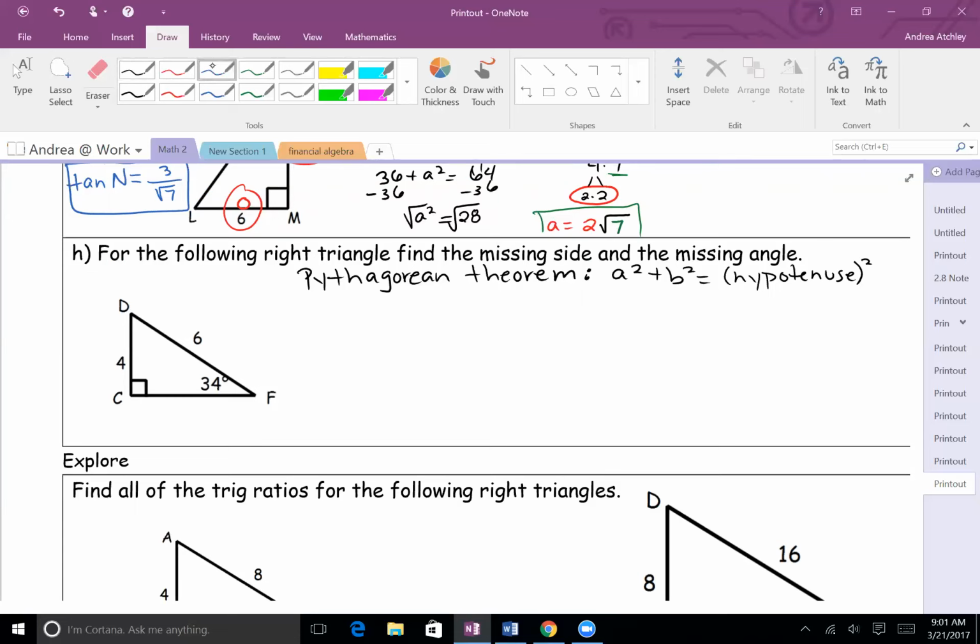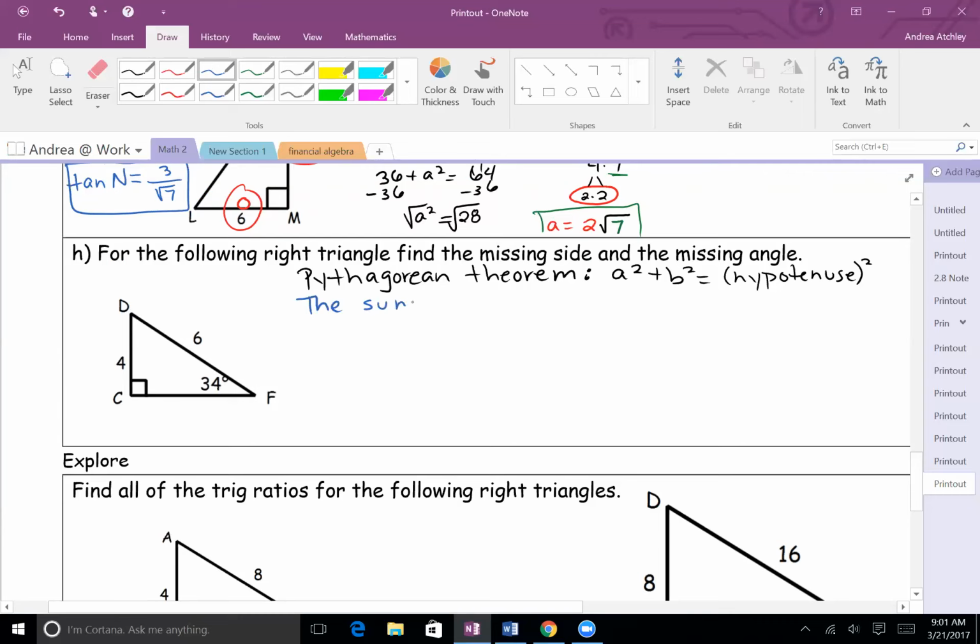And the other is our theorem about angles in a triangle. Someone remind me, how many degrees? Yep, 180. So we have the triangle sum theorem.